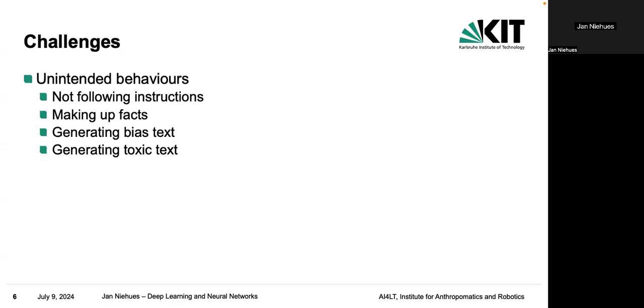So the question is, how can we make these models able to follow the instruction in the way the user was expecting? It's also not only that it's following the instruction. Typically with this type of alignment, you also try to achieve other things. It should maybe not make up any facts. Maybe on the internet there are a lot of made up things, so it should not make up other facts. You might want the model not to generate toxic text.